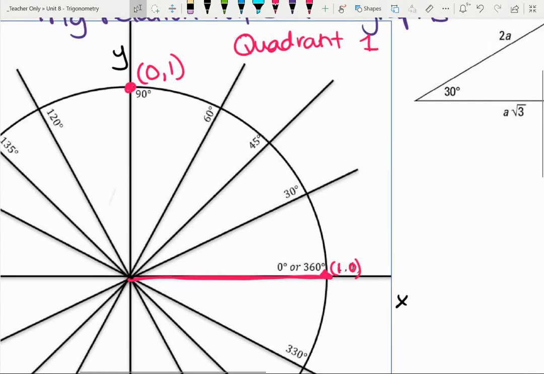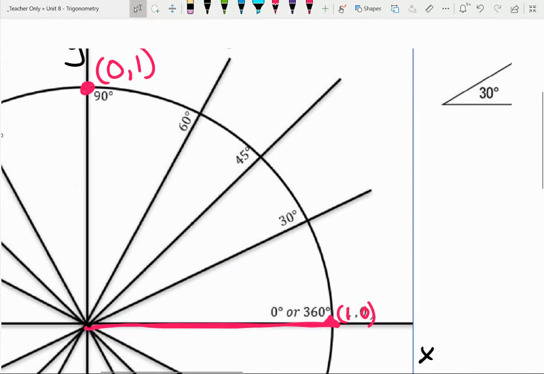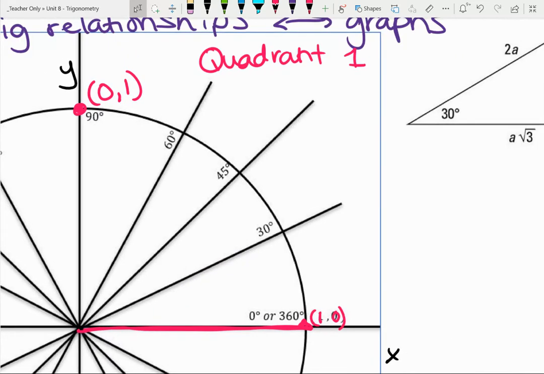It's these coordinate points in between, and now I'm going to focus on quadrant 1, that are a little bit trickier. But luckily we have some knowledge in our back pocket that we're going to get out and use here. So I'm going to focus just on this 30-degree line, and I'm going to create a right triangle. If I drop that straight down, I get a little right angle there.